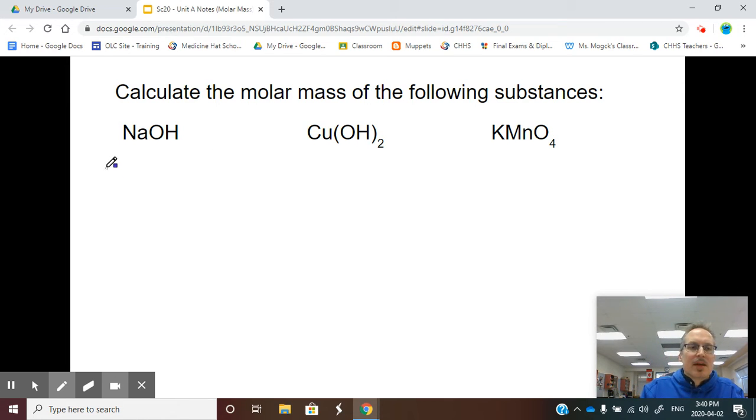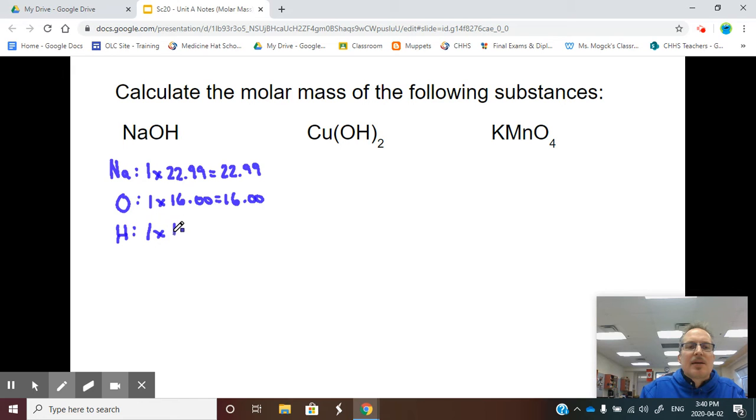Here I go. I have 1 sodium, 1 oxygen, and 1 hydrogen in sodium hydroxide. So this is 1 times 22.99, which is 22.99. 1 times 16 is 16.